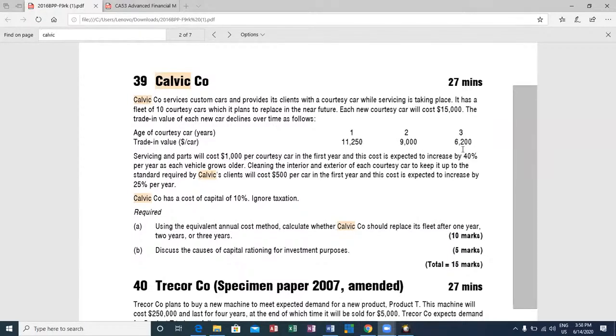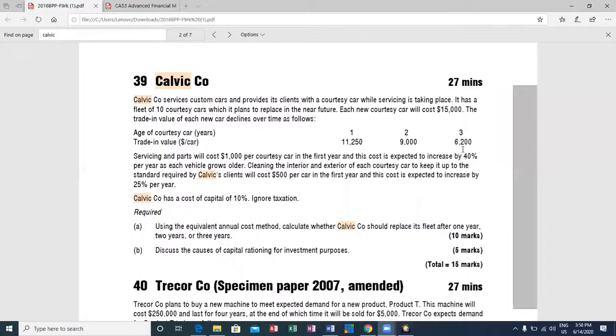Cleaning the interior and exterior of each courtesy car to keep it up to the standard required by Calvic's clients will cost $500 per car in the first year, and the cost is expected to increase by 25% per year.